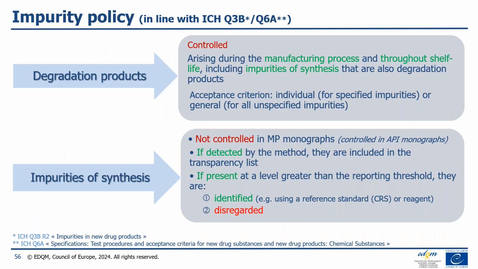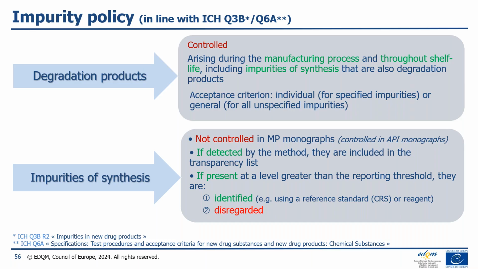If we go into details in the impurity policy that we apply for the medicinal product monographs, this is in line with the ICH Q3B and Q6A. So degradation products are always controlled. So those are the impurities arising during the manufacturing process and throughout the shelf life, including impurities of synthesis that are also degradants.